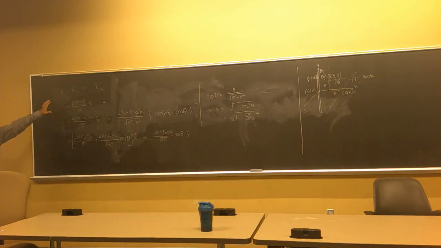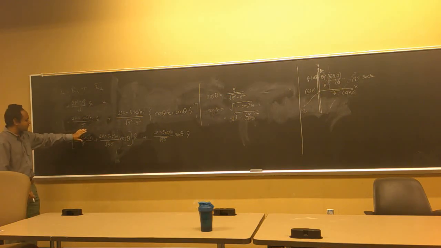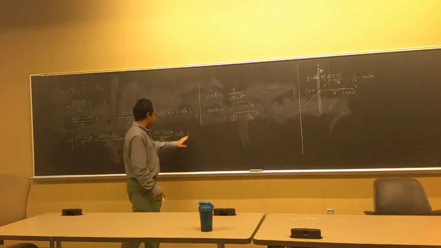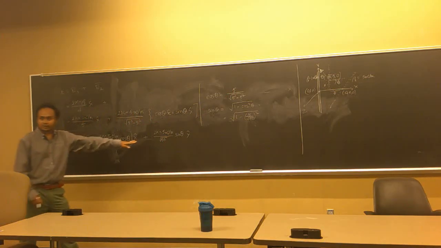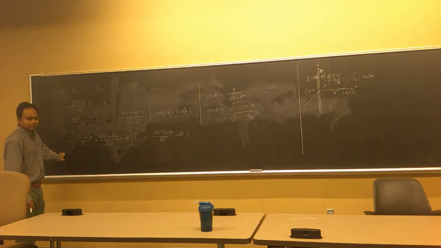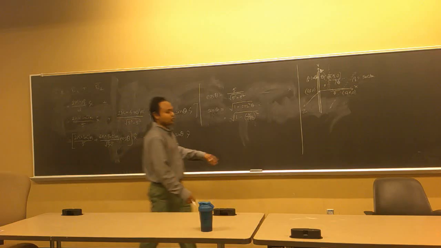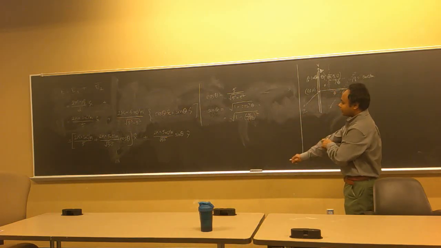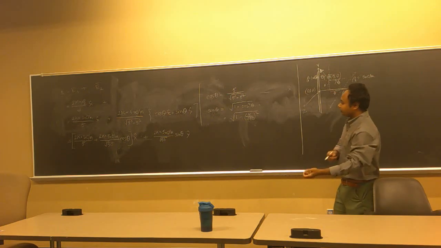Then you plug in all these values. Now we know all these things. We know the value of cosine theta, we know the value of sine theta, and we simply plug in all these numbers, and we'll get the final result. The final answer should have two different components: one along the x-axis, and one along the y-axis, right?